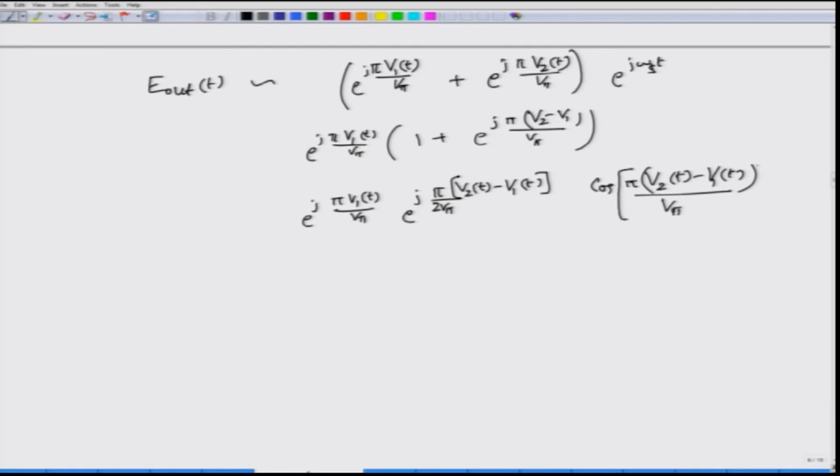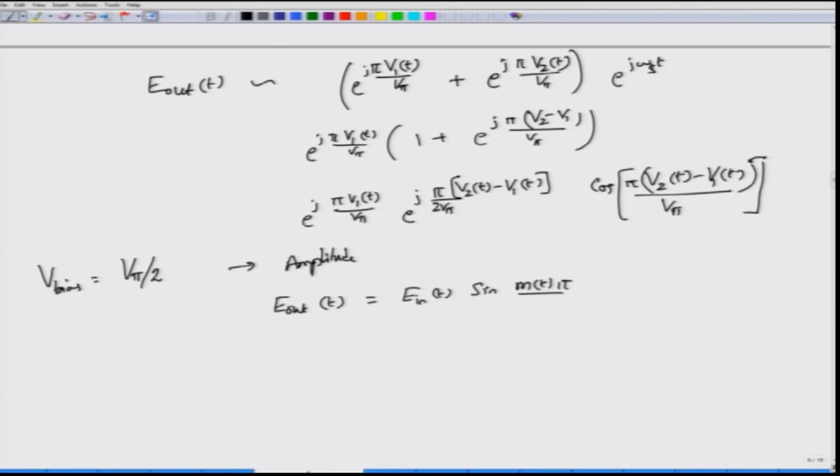Okay. So, you can see that by changing the operating point, by choosing this V2 minus V1 difference, I can make different biasing points for the operation of the amplitude modulator. We have seen that when we bias at V pi by 2, you will end up having amplitude modulation, correct, because we have seen this earlier: the output amplitude E out will be equal to the input amplitude E in of t times sine of the message signal that you are transmitting times pi by V pi.